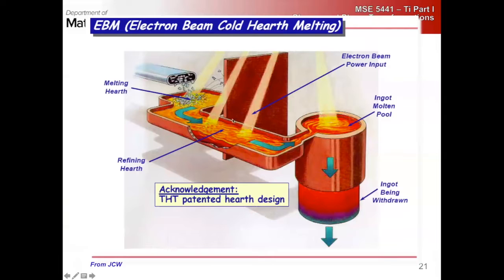All right, and this is the state of the art of melt processing for titanium. Then this ingot will then be forged, right? Because we have a solidification microstructure that needs to be broken down to form a regular polycrystal.